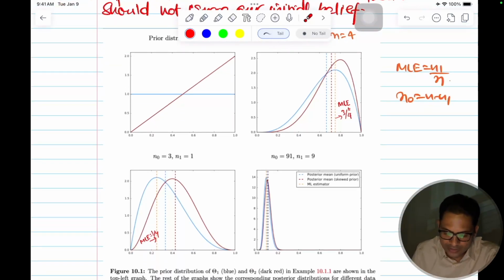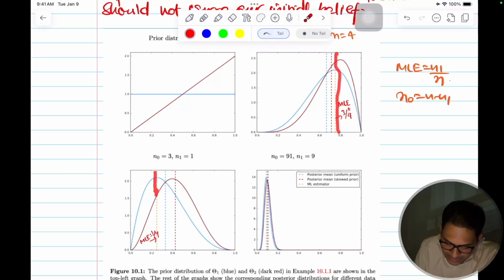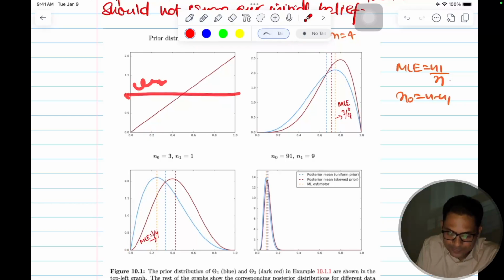Similarly, in this example, the number of zeros is 3 and the number of ones is 1. So here the MLE will give n1 by n. The total is 4, but the number of ones is 1 only, so n1 by n will be 1 by 4. Earlier the MLE was 3 by 4, and now it has changed to 1 by 4. And this blue line gives the estimate where the prior is uniform.